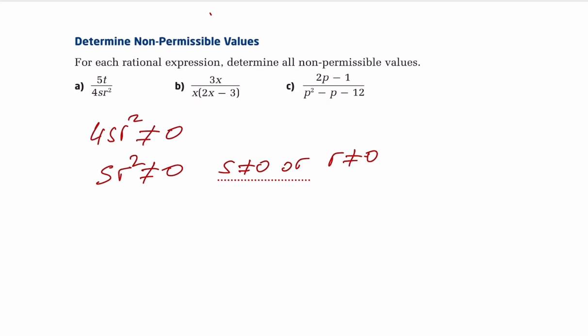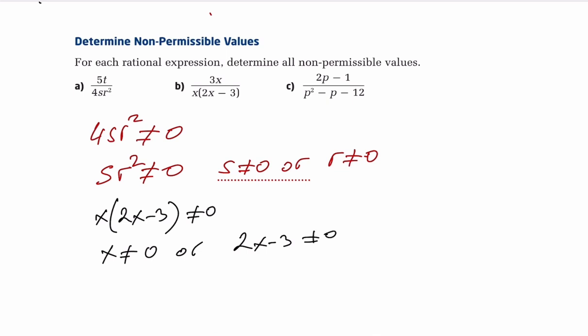So my first non-permissible value here, x times 2x minus 3 should be different than 0, which means x should be different than 0 or 2x minus 3 different than 0, and this tells me that x should be different than 3 over 2.